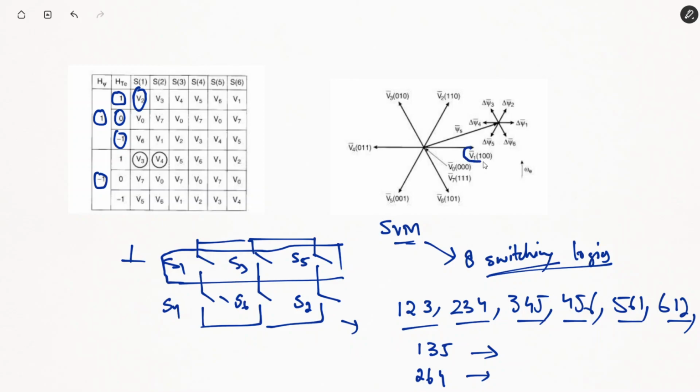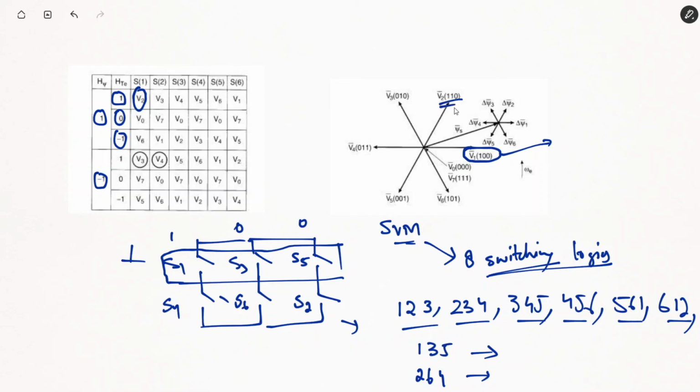So V1 represents the vector 1, 0, 0. 1, 0, 0 simply means that the upper switches have a configuration of 1, 0, and 0. That means switch 1 will be on, switch 3 will be off. If switch 3 is off, that means switch 6 will be on. And if switch 5 is off, that means switch 2 will be on. So 1, 0, 0 basically signifies that switches 1, 6, and 2 are on, that is the 6, 1, 2 switching logic state.